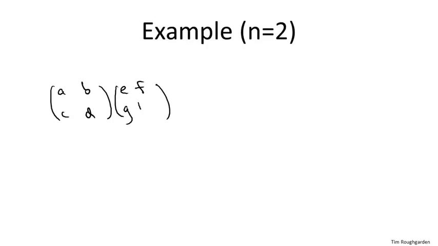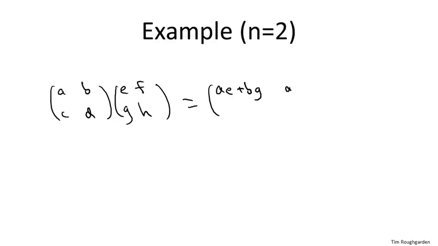Now, what's the result of multiplying these? Again, it's going to be a 2 by 2 matrix where each entry is just the corresponding dot product of the relevant row of the first matrix and column of the second matrix. So to get the upper left entry, we take the dot product of the upper row of the first matrix and the left column of the second matrix. So that results in AE plus BG.